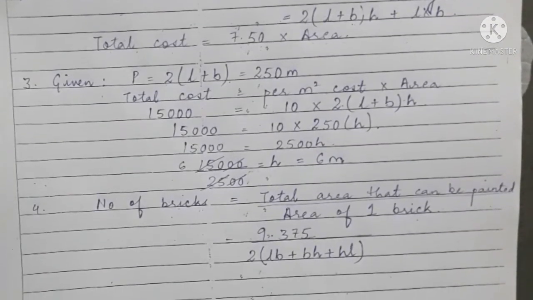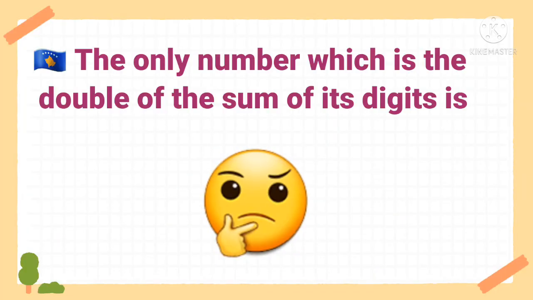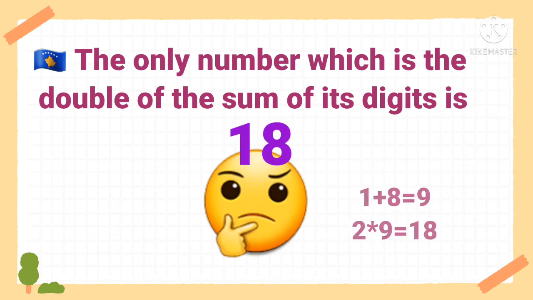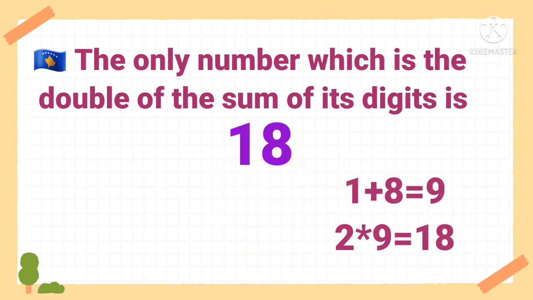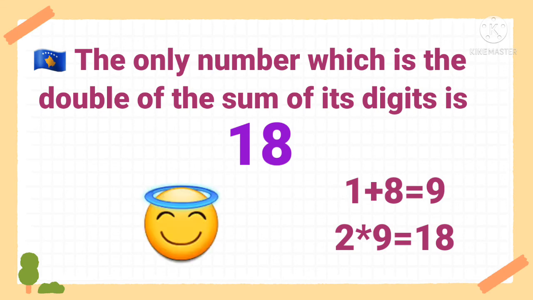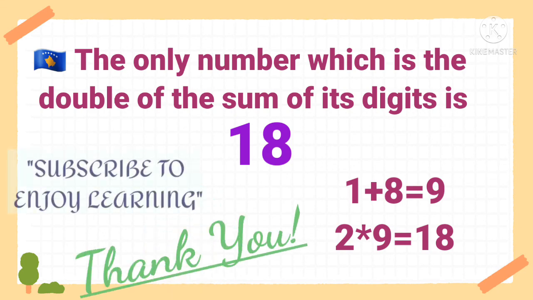So the question that I am taking in this video is, the only number which is the double of the sum of its digits is 18, since the sum of the digits in 18 is 1 plus 8, that is 9, and the double of 9 is 18. So 18 is the only number in the entire number system which is the double of the sum of its digits.